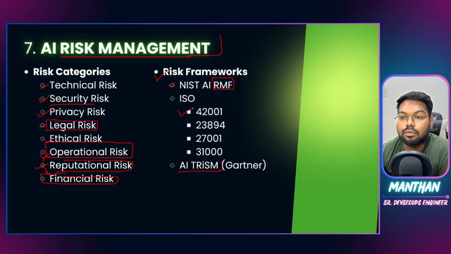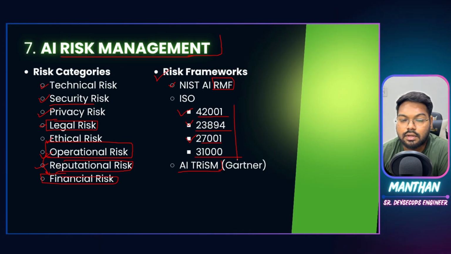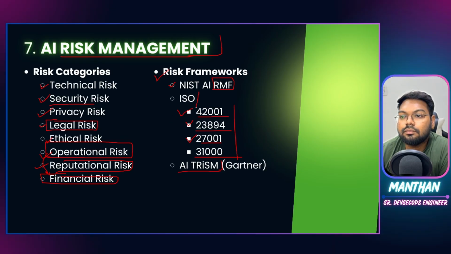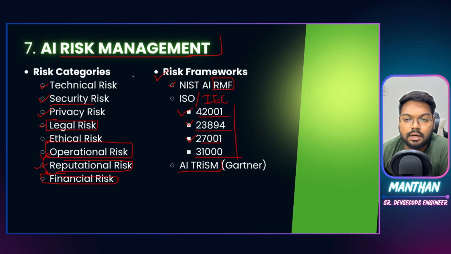And then there are ISO policies or frameworks you can refer to, mostly 42001 and the general 27001, and then another one which deals with IEC, the International Electrotechnical Commission, sorry, my bad. So ISO/IEC. These are the two things you need to know about in the risk management frameworks.